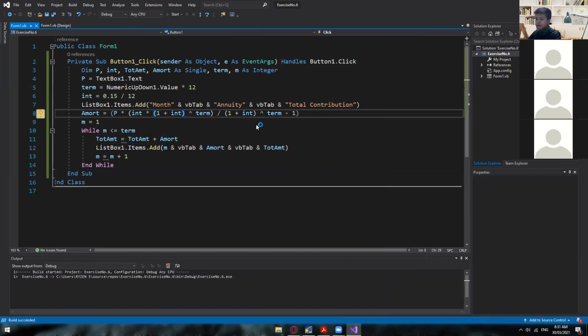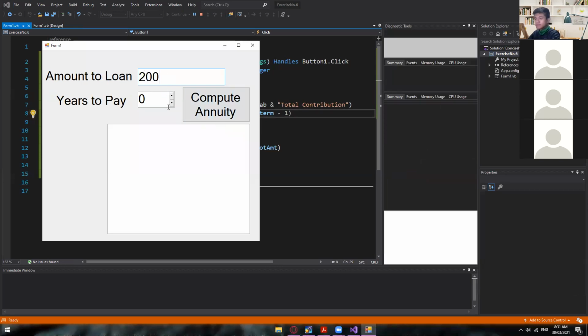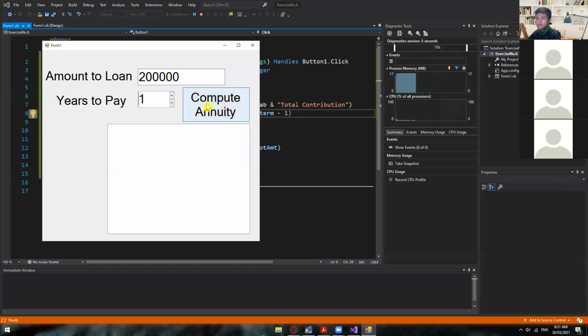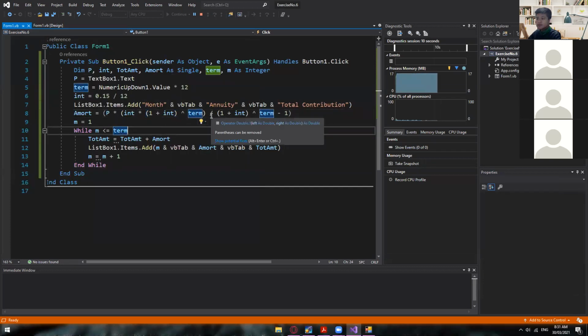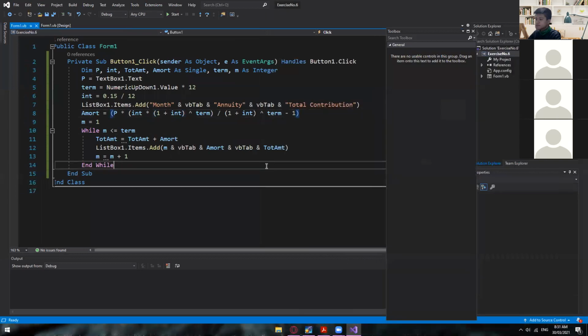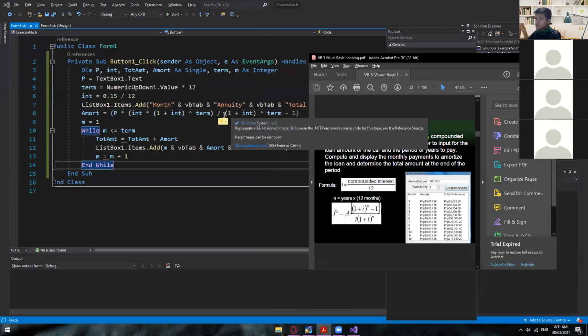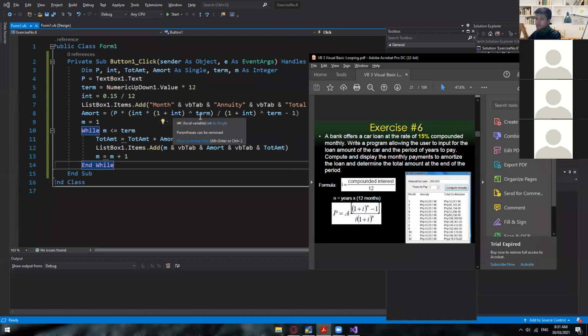So let's bring it back to the old one. Oops, no, that's wrong. Times int raised to term, interest, 1 plus int raised to term minus 1. All right, times interest times 1 plus interest raised to term.